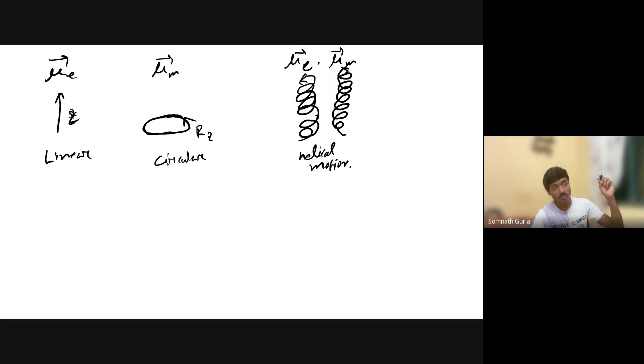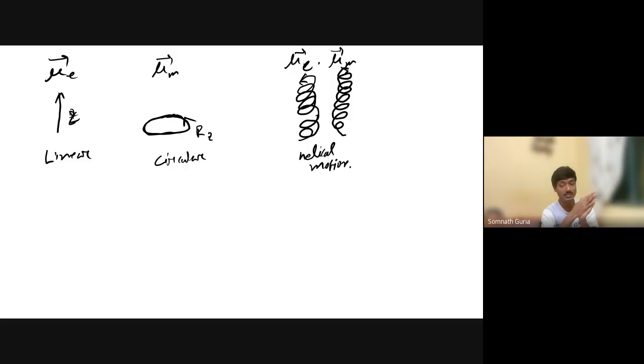So we have a molecule. The major fundamental idea at the molecular level is that every molecule has some kind of helical motion, but in a symmetric molecule both the left-hand and right-hand circularly helical motions come in the same amount.